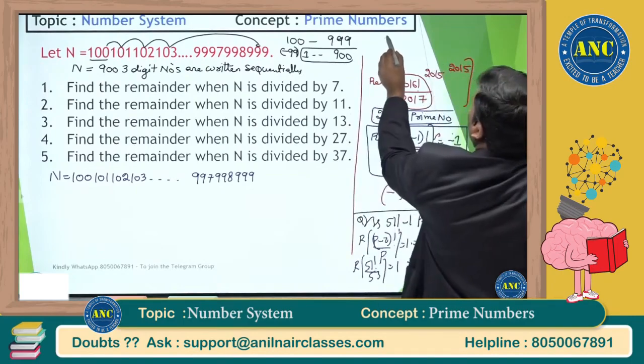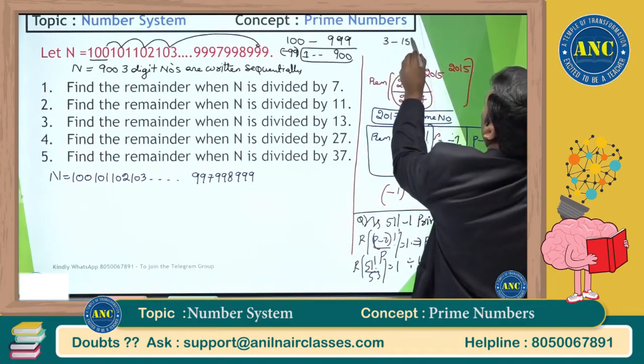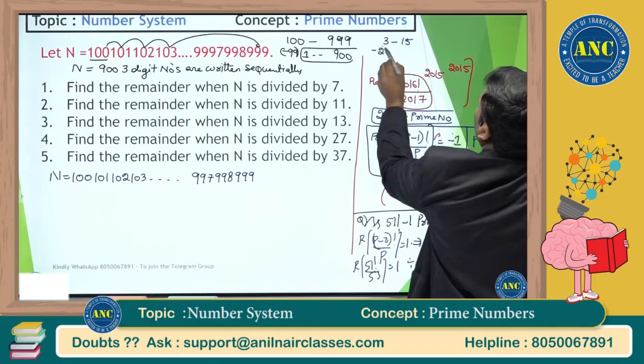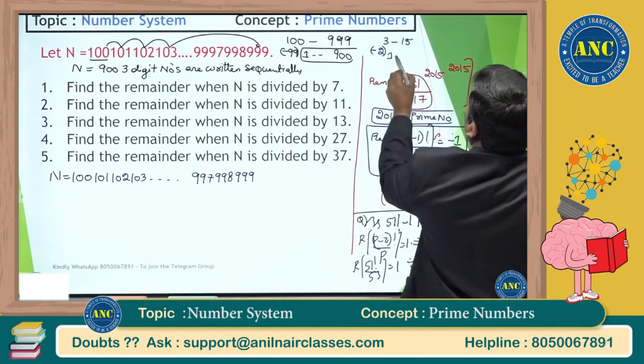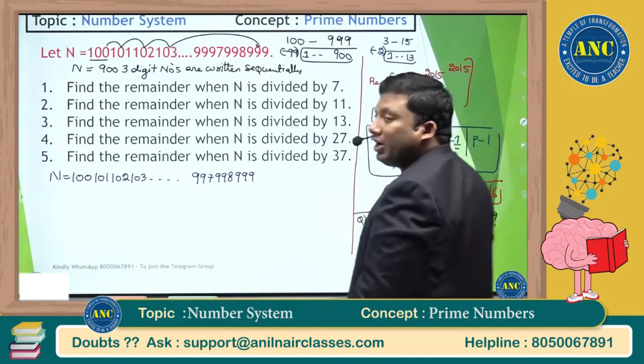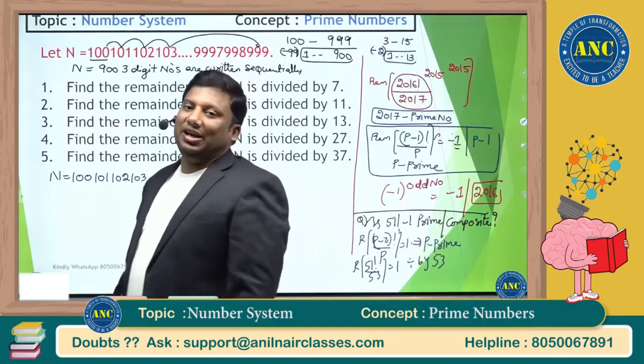Suppose the numbers are from 3 to 15, how many numbers are there? Shift everything, start everything from 1. Shift it by minus 2. From 1 to 13. How many numbers are there from 3 to 15? 13 numbers.